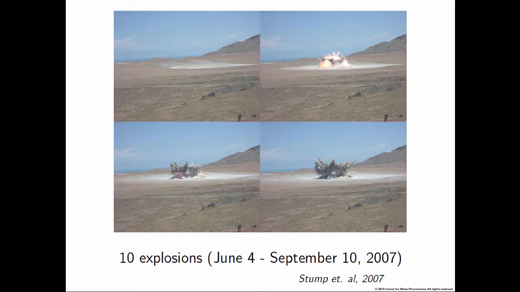To answer these questions, we use data sets generated by explosive signals shown in this figure. These are explosions that were conducted by the military army in Utah in 2007 from June 4th to September 10th. So we have 10 of these explosions spaced out within a week or two.